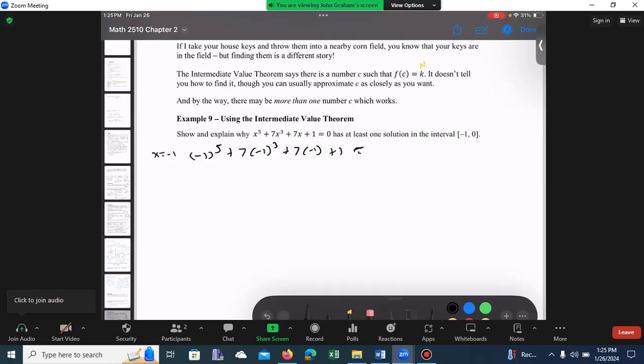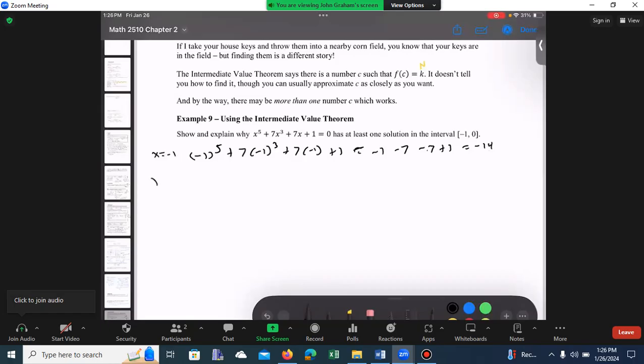When x equals -1, we get -1, -7, -7 plus 1, which is -14... I don't know, that should be a -6. I subtracted for some reason. It's negative, that's the important part.